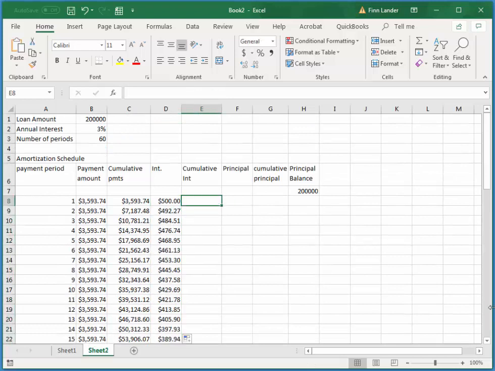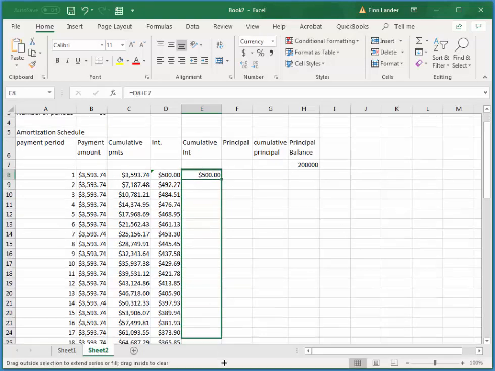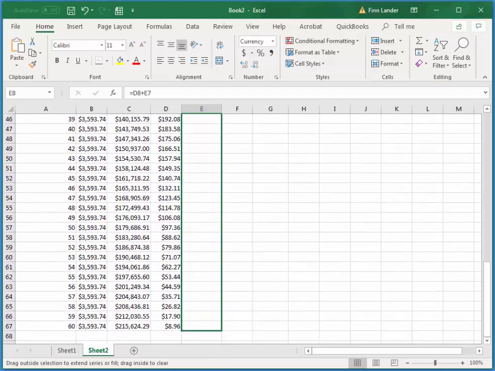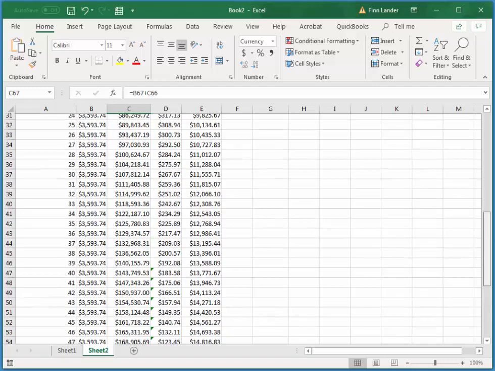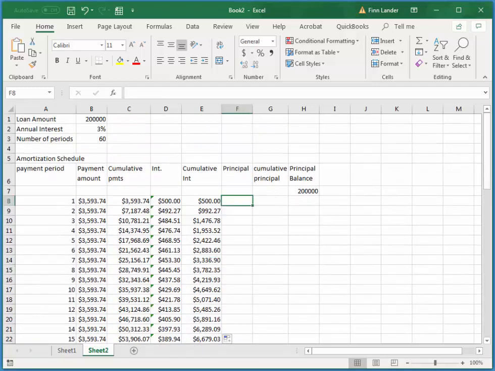So the cumulative interest, again, same thing, equals that plus that. So you see that amount equals that minus 200,000. Principal.